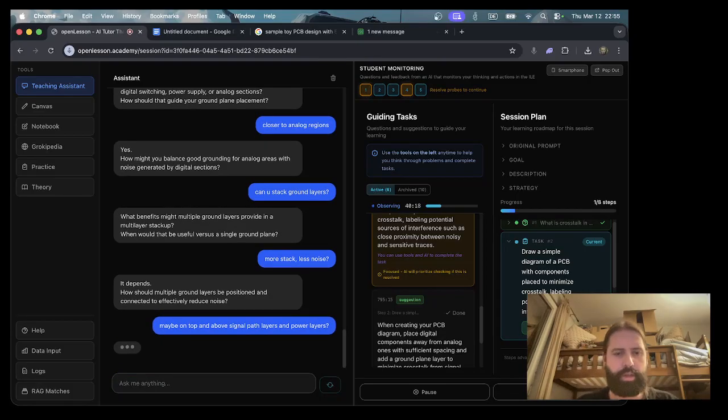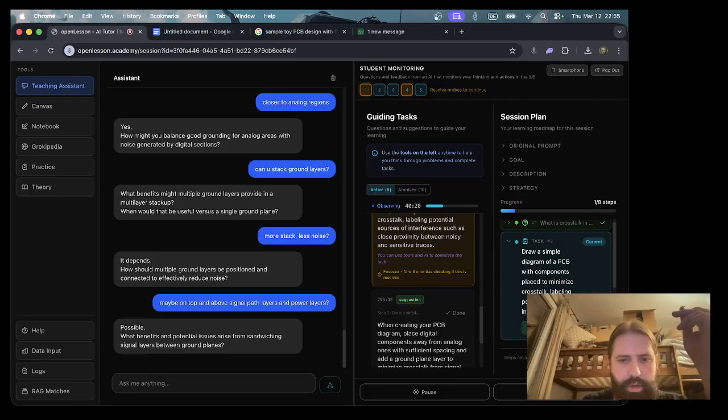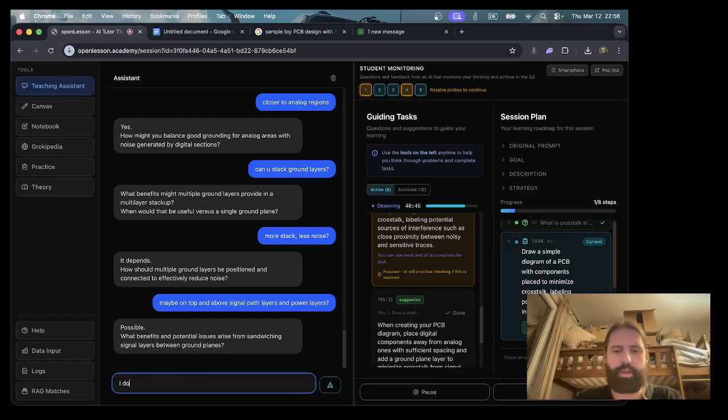Like alternating? What benefits and potential issues arise from sandwiching signal layers? I mean, the benefits are that, no, to be honest, I don't know.